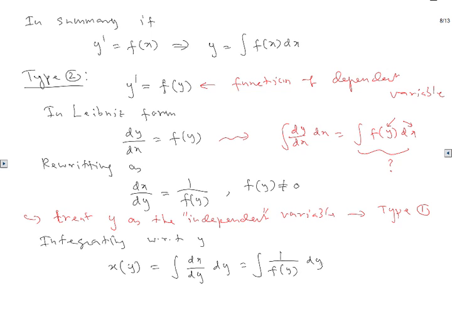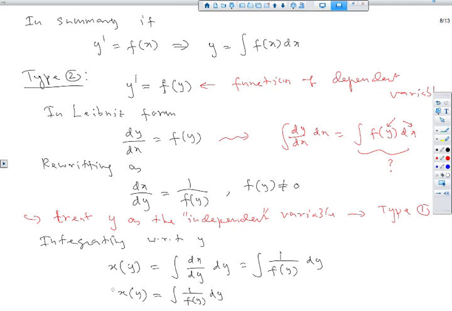You can see that that gives you a formula: x of y, we just write y to exaggerate what's going on here, equals the integral of 1 over fy dy.